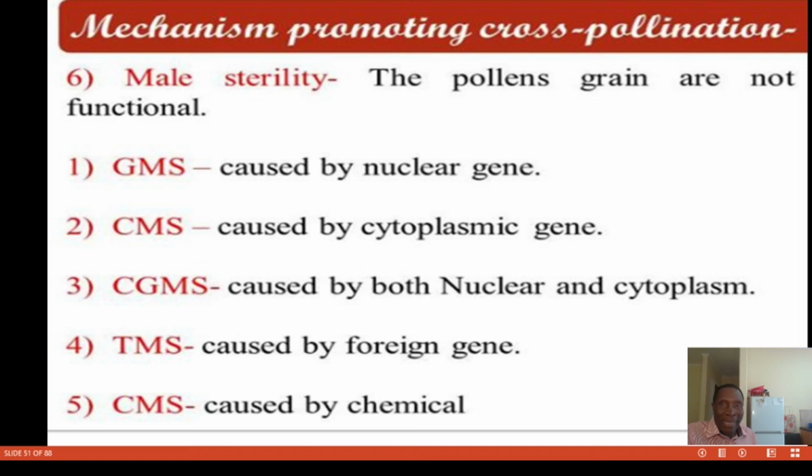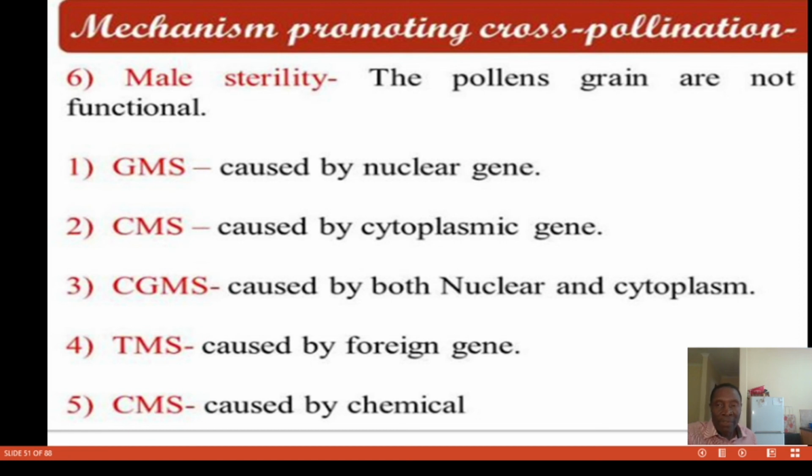We have male sterility, very important. The pollen grains are not functional. Then we have the GMS, caused by nuclear gene, genetic male sterility. Then we have the CMS, which is caused by cytoplasmic gene, cytoplasmic male sterility.